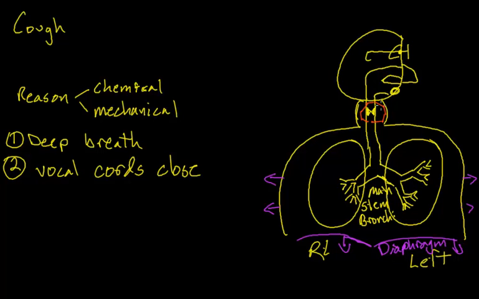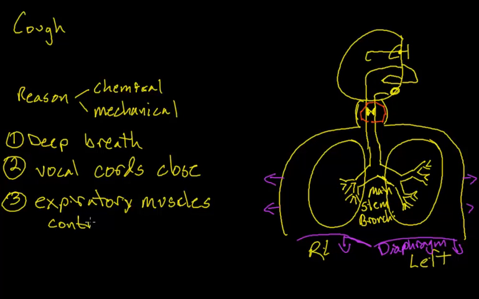And as that happens, your expiratory muscles are contracting. Now, you have them all over the place, but down here in your belly, you have abdominal muscles. They're going to contract.